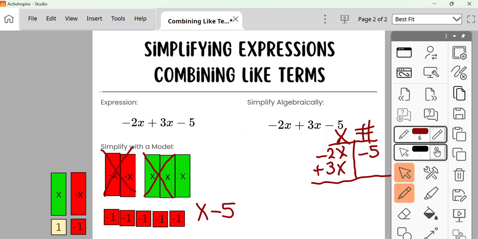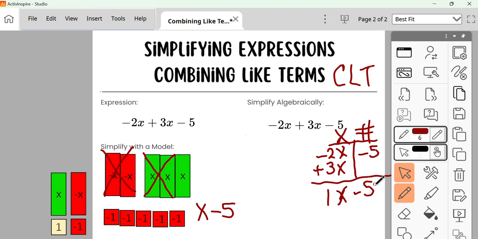And we really think that it's very, very helpful in helping people order what they're doing and keeping track of it. So now let's put our terms together. We're going to combine like terms, or like I said before, CLT. So negative 2x plus 3x leaves us with 1x, okay? Always use Desmos just to make sure. We really want you to do that. Then we have a negative 5, so it comes down all by itself.